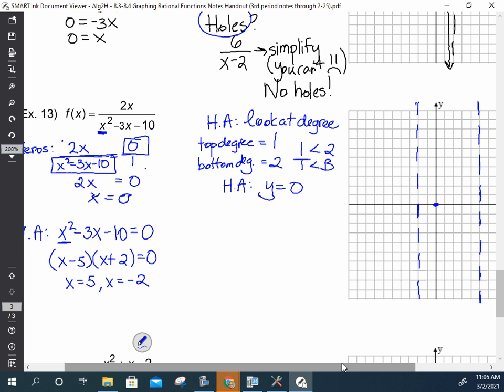For example, if you take 2 and divide by 1,000,000,000, what's going to happen? You're going to get a very, very small number. If you have a very small number, that means you're getting closer to the number 0. That's where the 0 comes from. So that's why the horizontal asymptote ends up being 0.